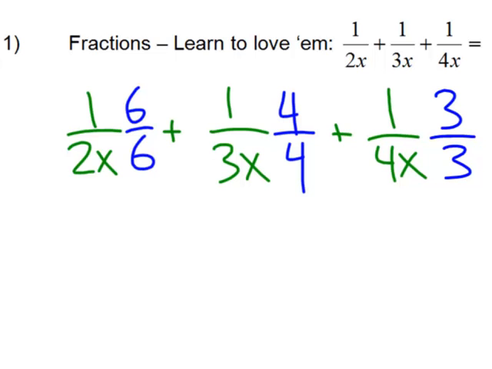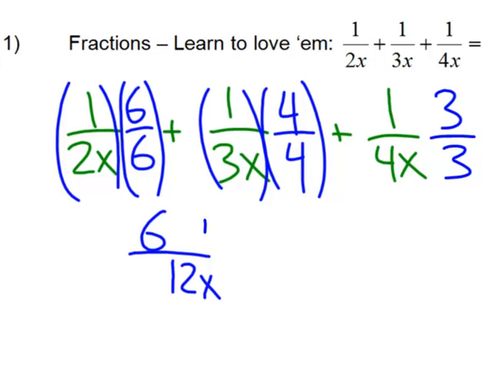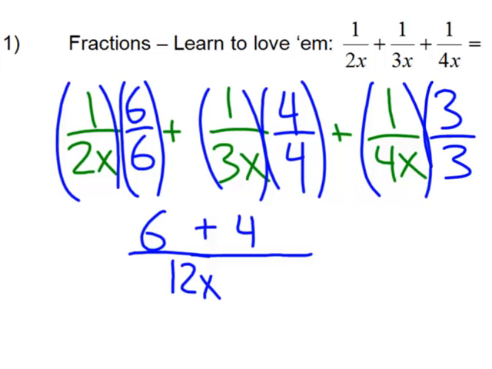So now we have 12x on the bottom here, 6 over 12x. Now we've got 12x on the bottom here, that's 4 over 12x. And since we now have a common denominator, I'll just write all those numerators over the same 12x. And then finally, 3 over 12x, again, over the same denominator.